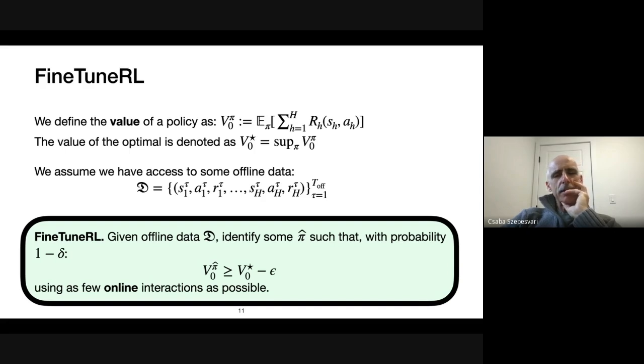I guess maybe I'm just jumping forward, but what distinguishes the offline data that was collected by some arbitrary means from the same data collected through your online algorithm?